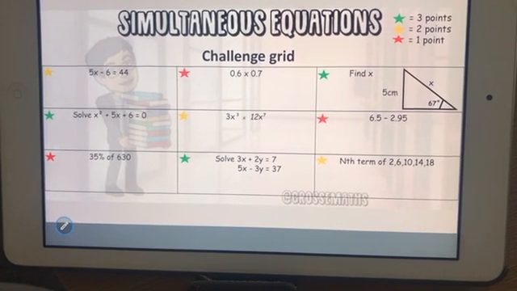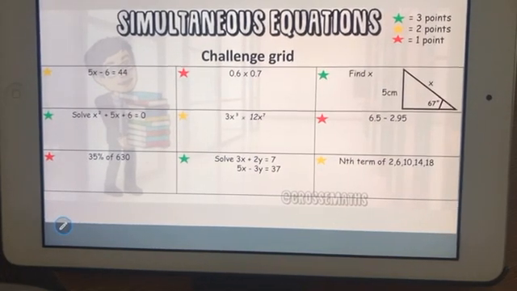Right guys, so have a go. Simultaneous equations is this green question at the bottom, so if you get that right, you should be on to a good start for today.